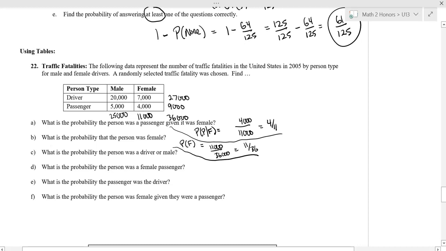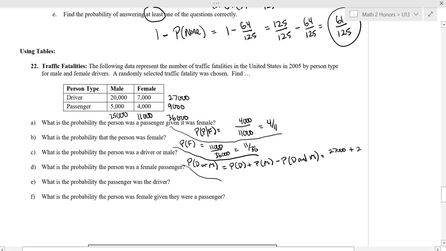Probability the person was a driver or male. Probability of driver or male, that's the probability of a driver plus the probability of male minus the probability of a driver and male. And so drivers, let's see, we have 27,000 drivers.